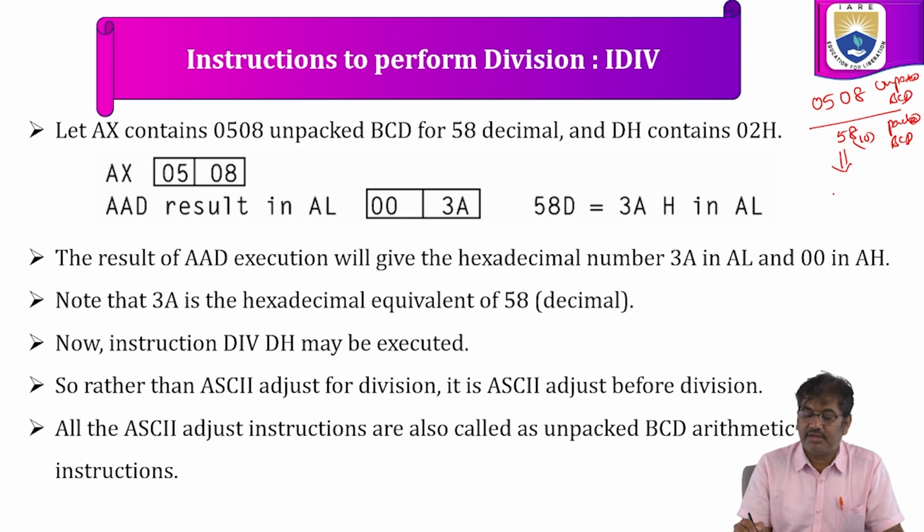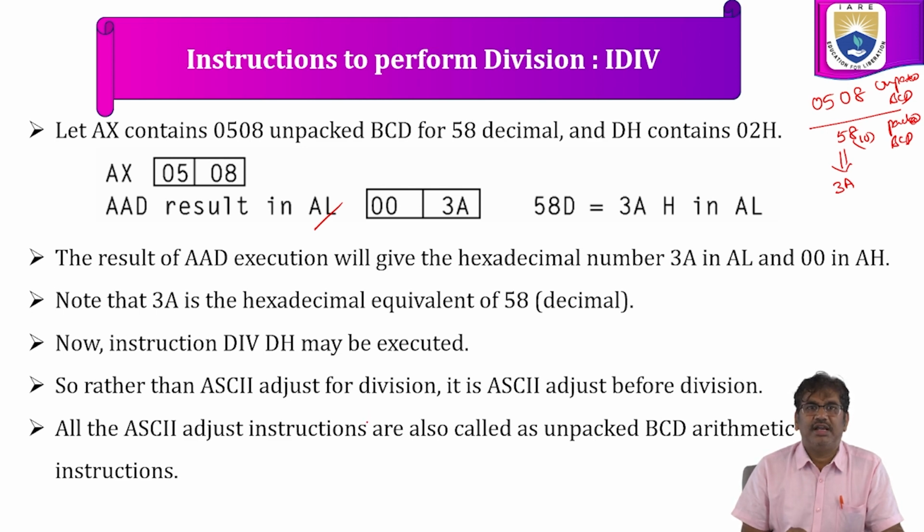So 58 in hexadecimal is equivalent to 3A. This will be loaded into AL register. So after AAD, AL register will contain 3AH. The result of AAD execution gives the hexadecimal number 3A in AL and 00 in AH register. Note that 3A is the hexadecimal equivalent of the decimal number 58.